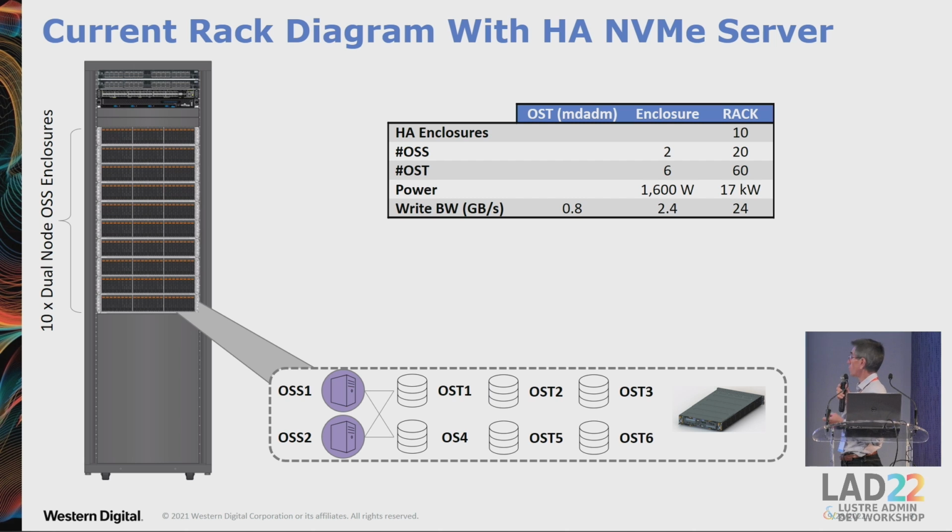So at the rack level with 10, you have 60 OST, and the big point is that you end up with power consumption which is very significant, 17 kilowatts. So you need to be ready to cope with this type of power.